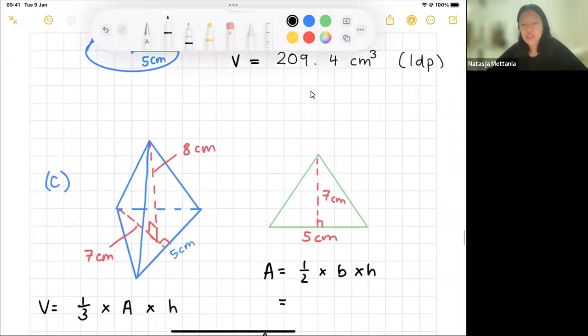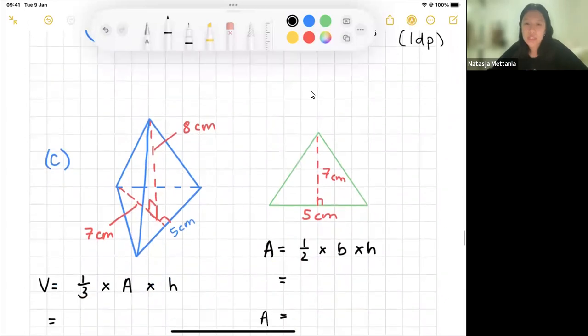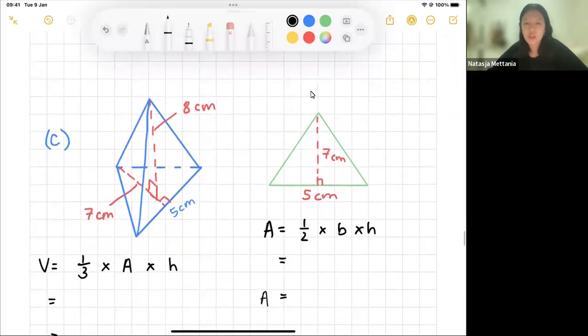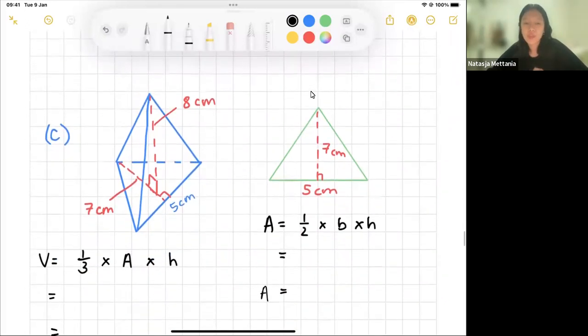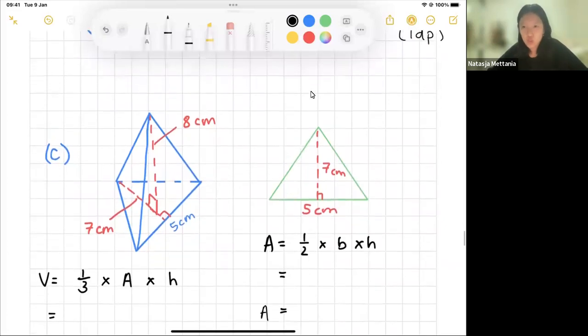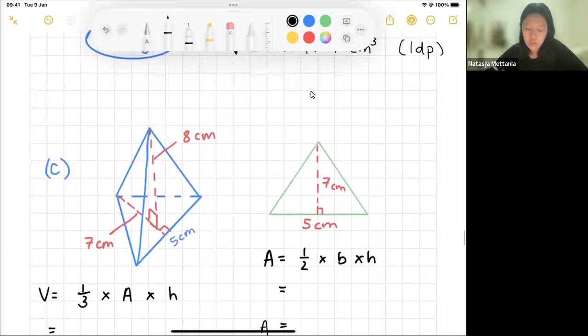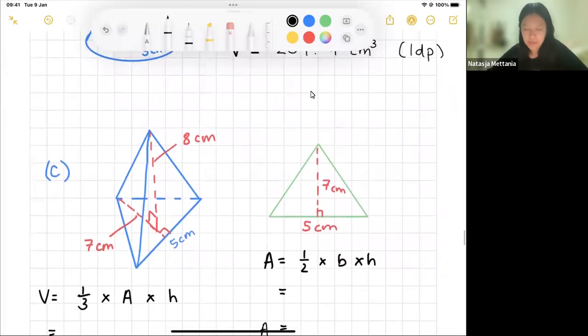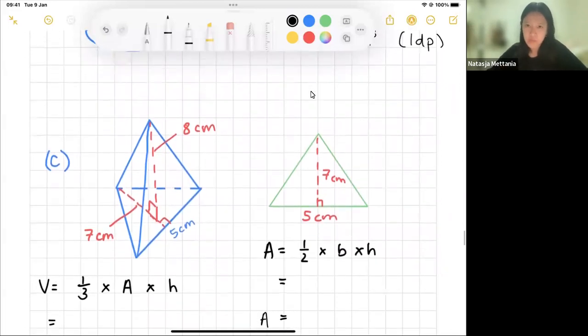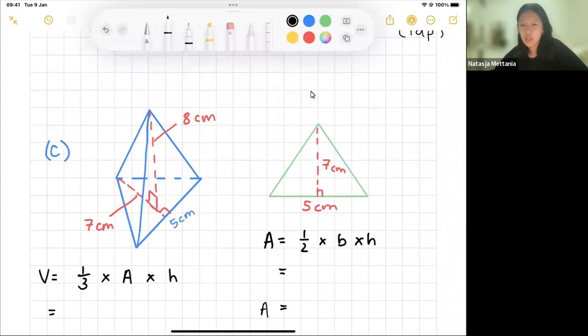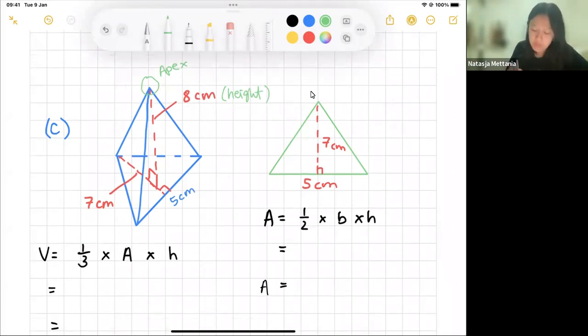If this makes it easier for you, I definitely recommend to draw the base of the triangle, right, and label it, which I've done here. This is one strategy that you can use. Then what I would do is find the area of the triangle first before we add it into the formula, which will be half times base times height.